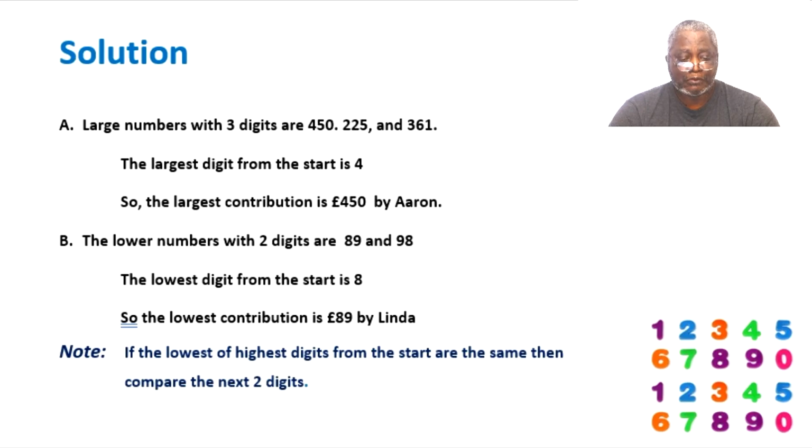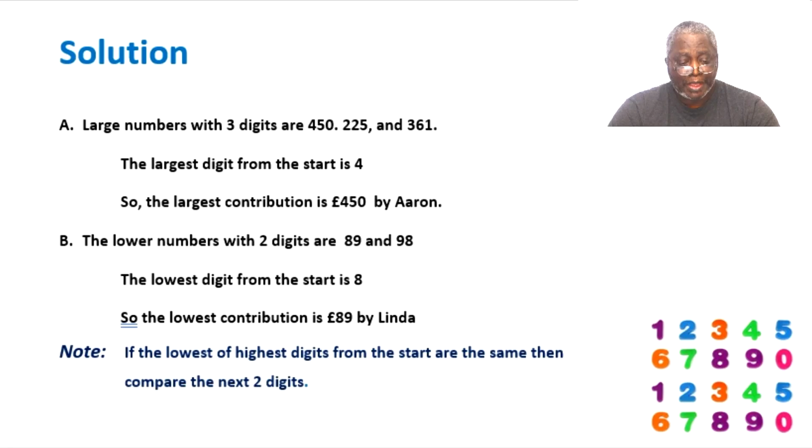B, this time we want to find the lowest. So what do we take? We take the 2-digit numbers because they're less than the 3-digit numbers. These are 89 and 98. The lowest digit from the start is 8. So the lowest contribution is £89 by Linda.